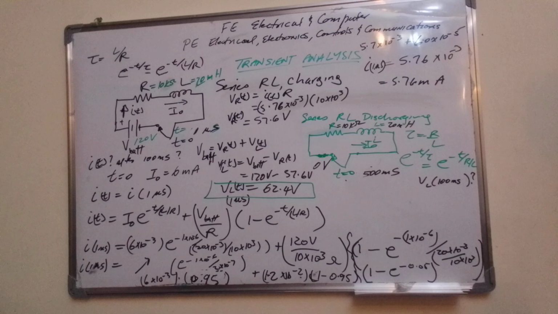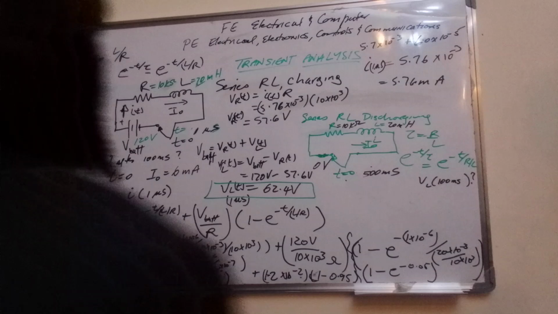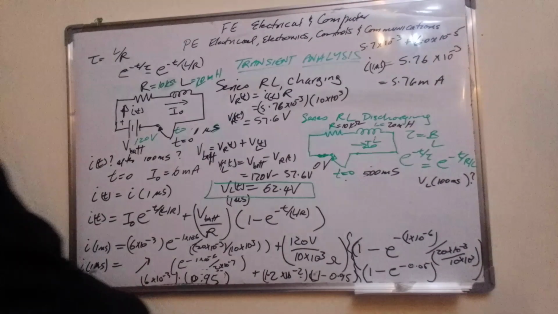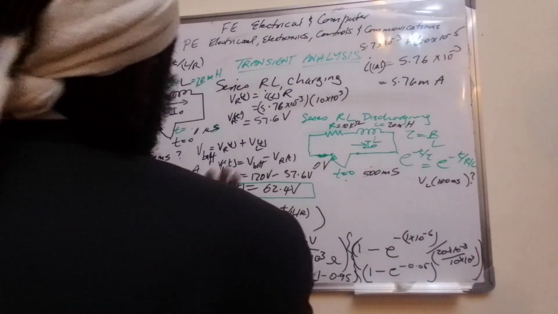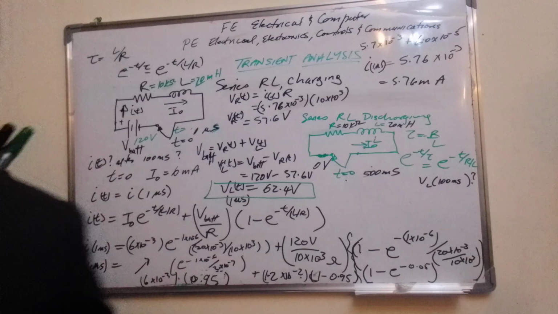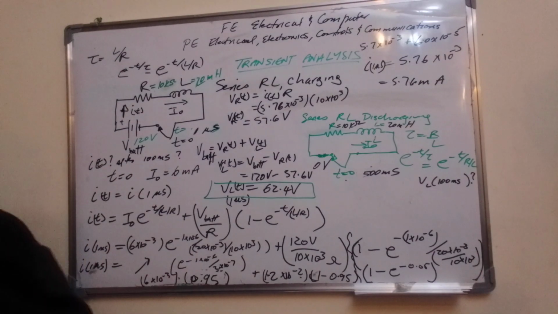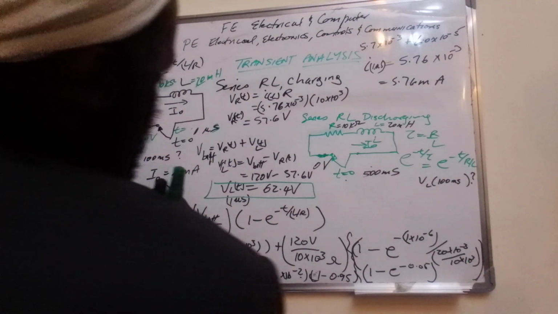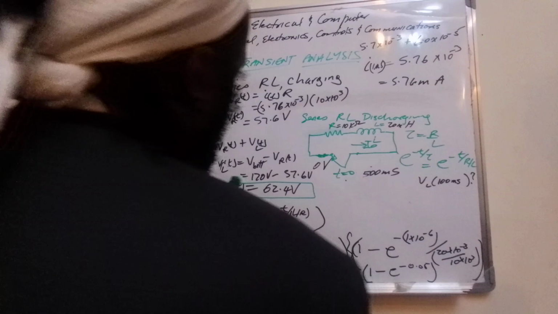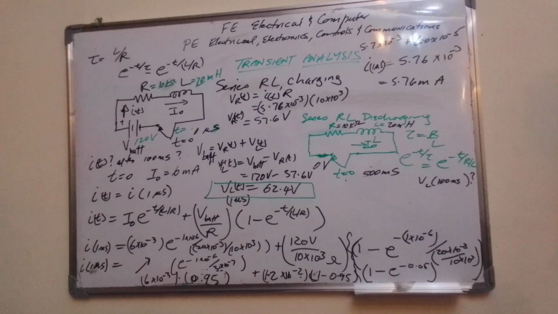Actually, let's start like this. Let's say that initial I sub naught is the maximum current flow, right?